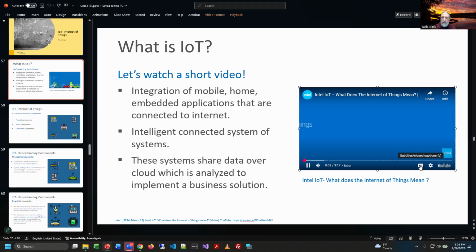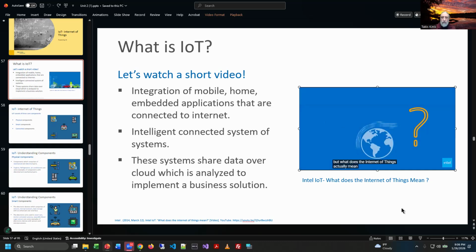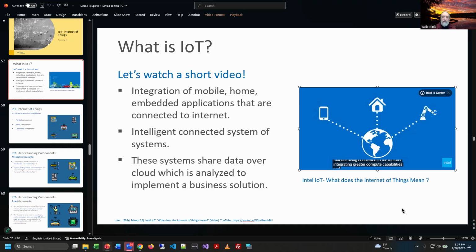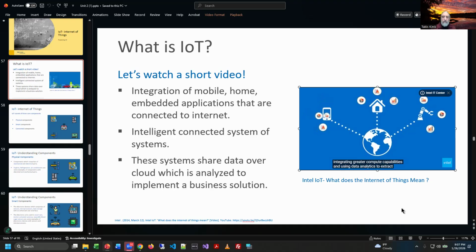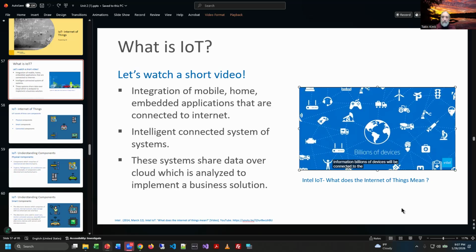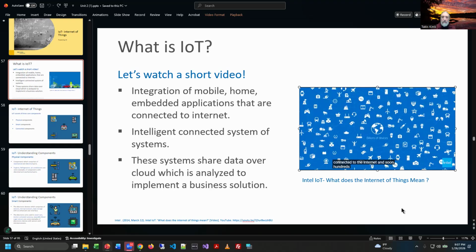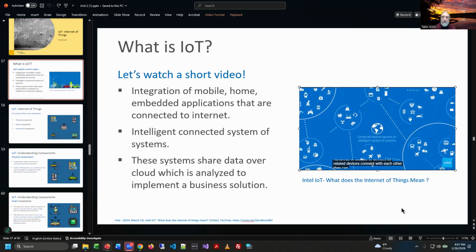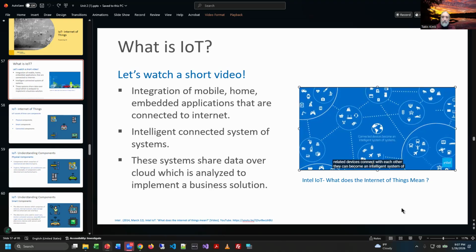By now, you may have heard the term Internet of Things. Sounds interesting, but what does the Internet of Things actually mean? IoT is an evolution of mobile, home, and embedded applications that are being connected to the Internet, integrating greater compute capabilities and using data analytics to extract meaningful information. Billions of devices will be connected to the Internet, and soon, hundreds of billions of devices. As related devices connect with each other, they can become an intelligent system of systems.